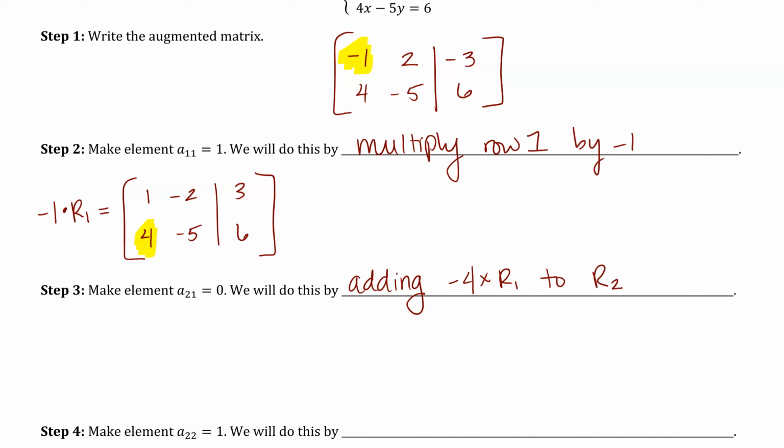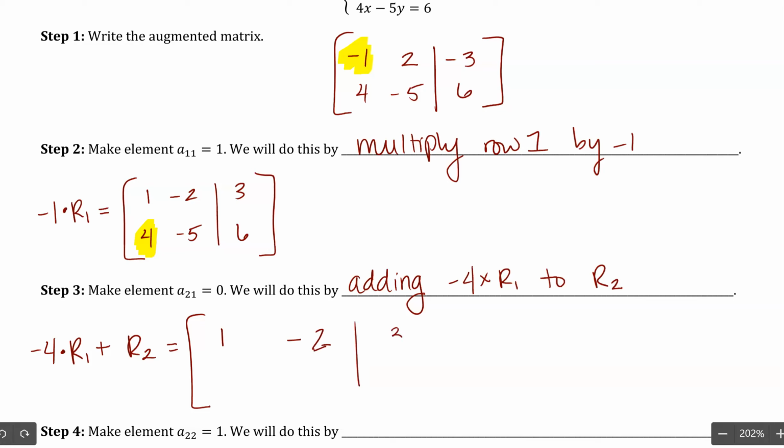So what does that look like? We're going to do -4 times row 1 plus row 2, and we get a new matrix. Now we're not actually changing row 1 at all. We are simply using the numbers in row 1 to help us manipulate row 2. So I'm going to copy down what's in row 1: a 1, a -2, and a 3.